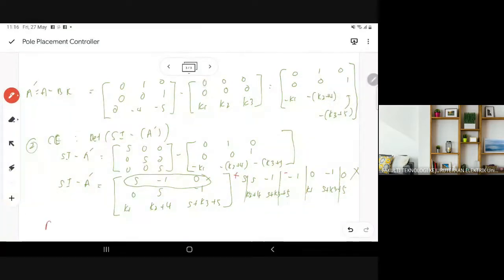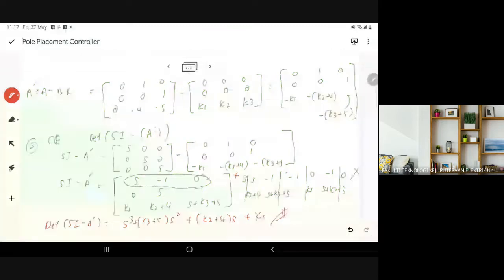And finally, I get the determinant of sI minus the new A. I solve it, and finally I get s cubed, and then after that, (K3 plus 5) plus (K3 plus 5) s squared, plus (K2 plus 4) s, and then after that, plus K1.